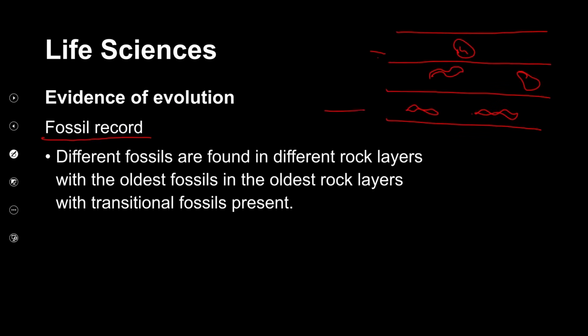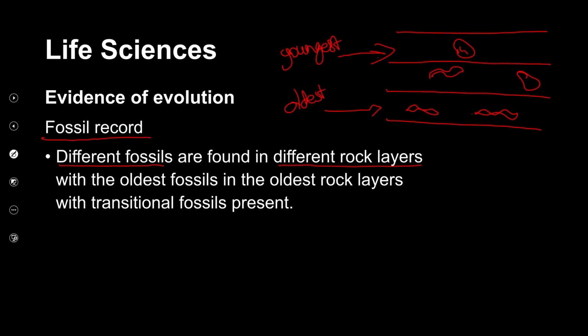So this layer here would obviously be the oldest, whereas this one over here would be the youngest. The deeper we go, the older the fossils we find in the deeper layers. That's how we date them and determine how old they actually are.